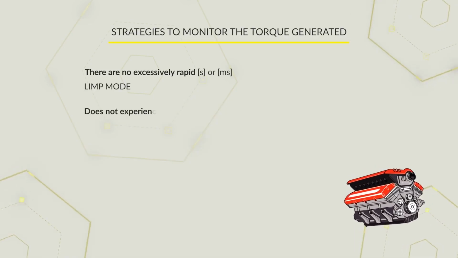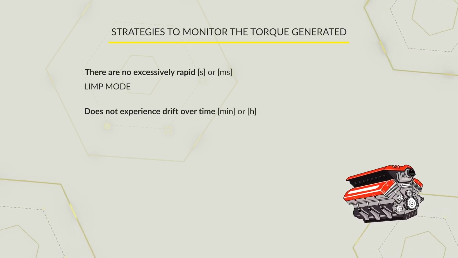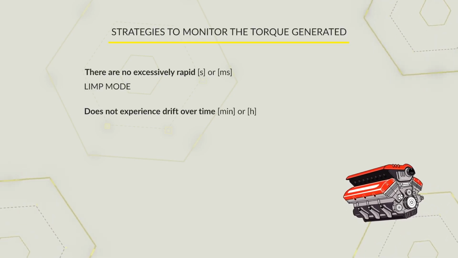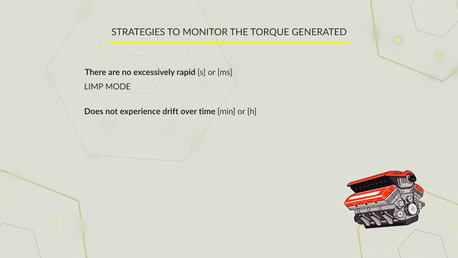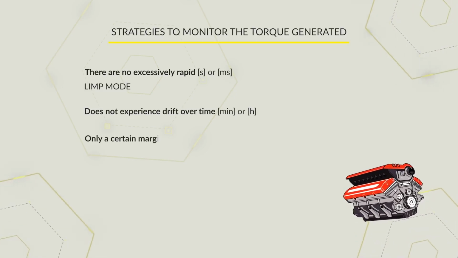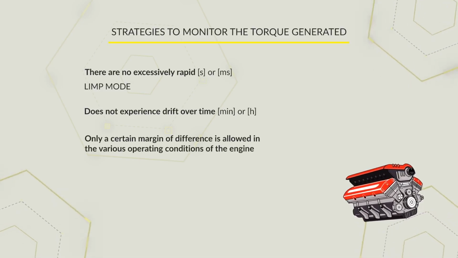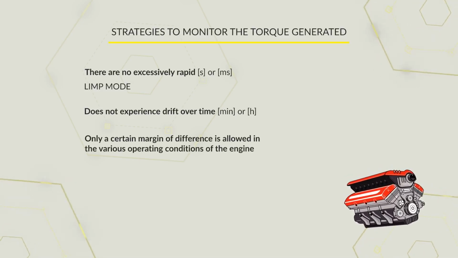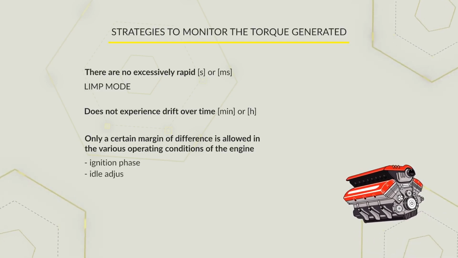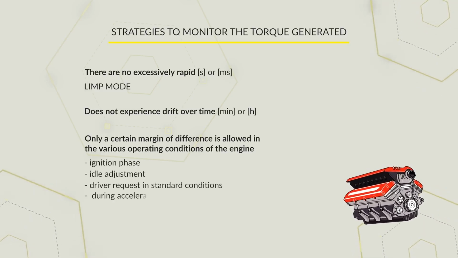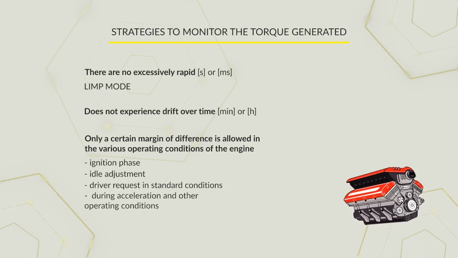It does not experience drift over time, medium or long term, with respect to one or more driving cycles, in the order of minutes or hours. Only a certain margin of difference is allowed in the various operating conditions of the engine. For example, during the ignition phase, idle adjustment, driver request in standard conditions, or during acceleration and other operating conditions.